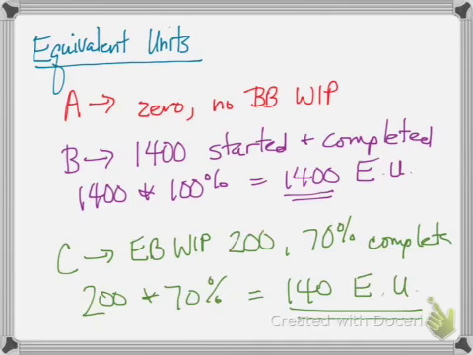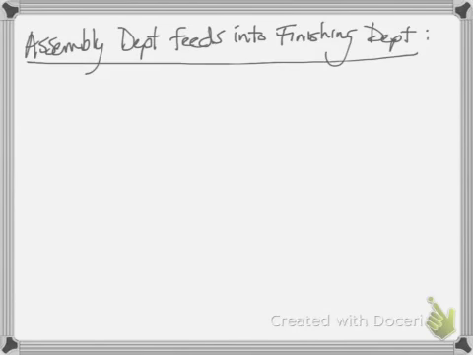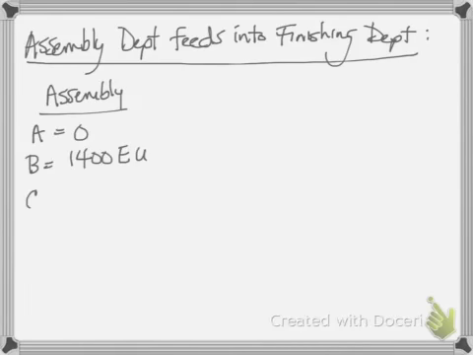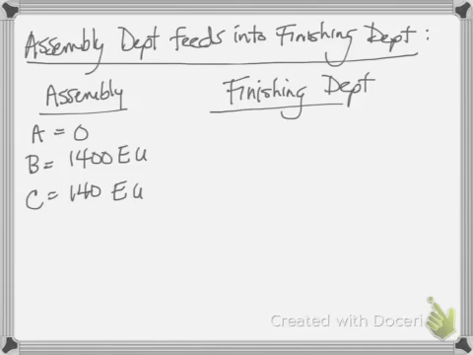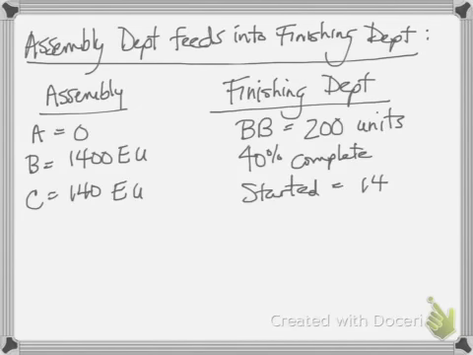Now, how does that then feed into the next department, which is the finishing department? So let's look at a recap of the assembly and then what's going to be happening in the finishing department. In finishing, we had some beginning balance of work in process units, 200 units, and they were 40% complete.